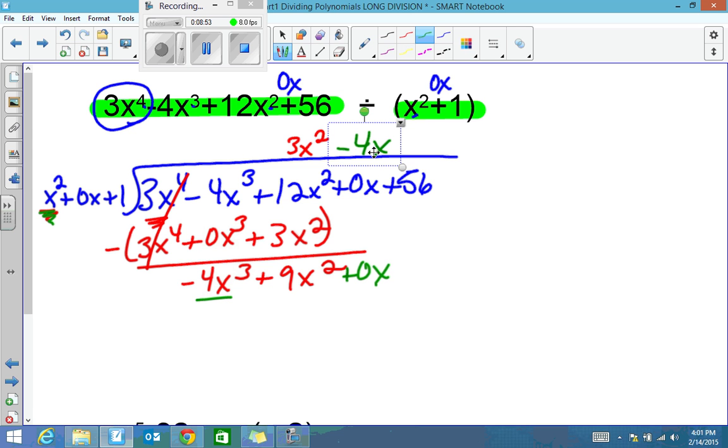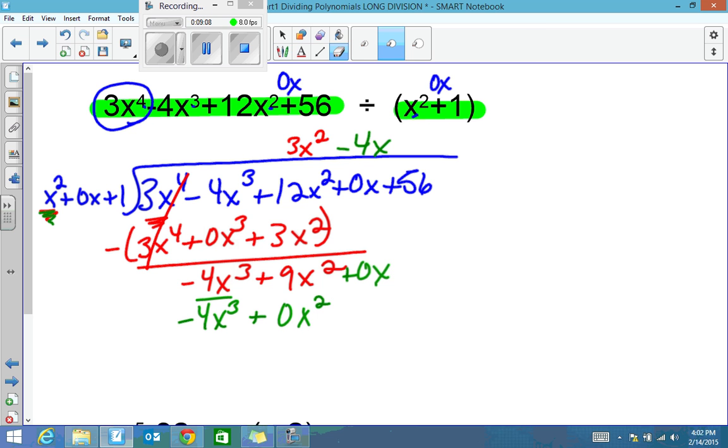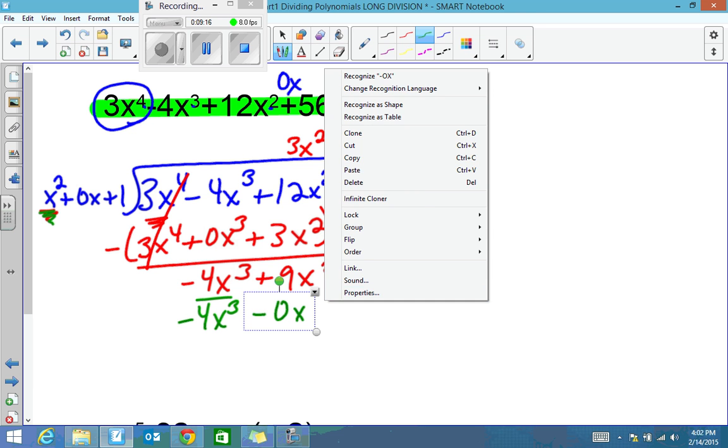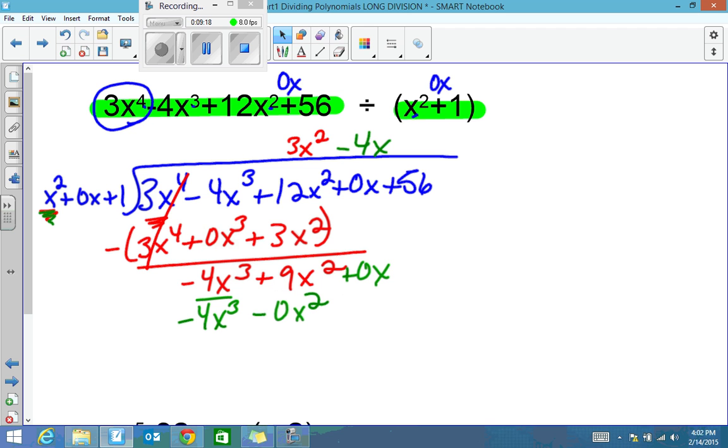And now we distribute. Negative 4x times x to the second gives us negative 4x to the third. Negative 4x times 0x gives us 0x to the second. And actually, it doesn't make a bit of difference, but if you want to keep the rules of multiplication, we can make that minus 0x to the second. And negative 4x times 1 is negative 4x.